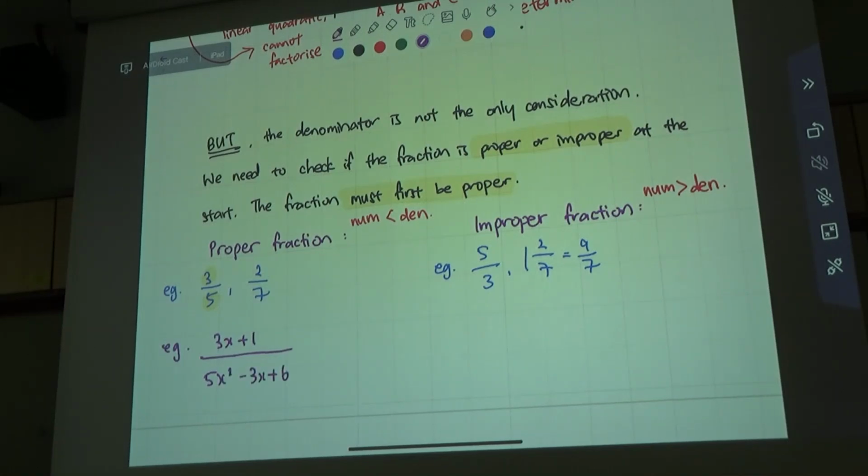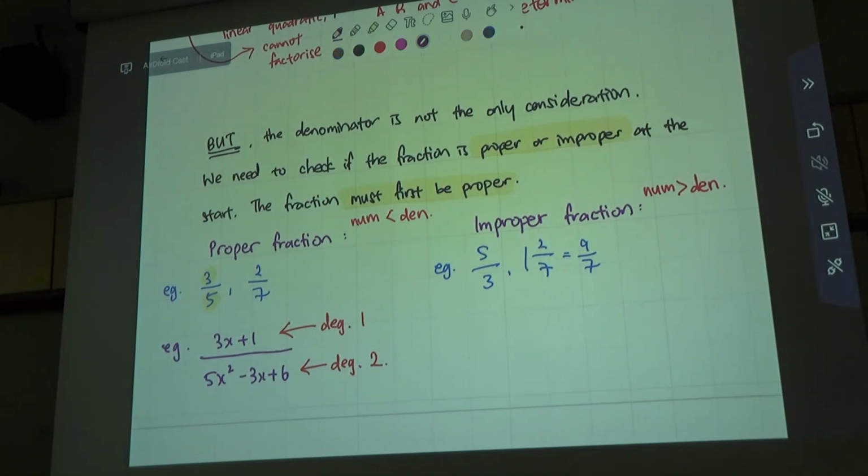This makes it proper, and the reason is because the numerator is a degree 1 polynomial and the denominator is a degree 2 polynomial. I hope you recall what is considered a degree. In case you have forgotten, the degree is the highest power of x found in that polynomial.